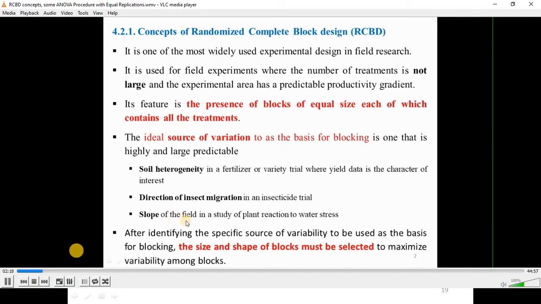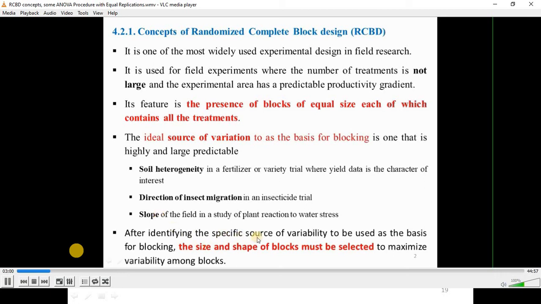Whereas if there is also a known source of variation in a field study of plant reactions to water stress, for example the slope, if it has one direction, it needs blocking in order to minimize the slope effect, because blocking increases homogeneity within a block, whereas it maximizes heterogeneity between blocks.